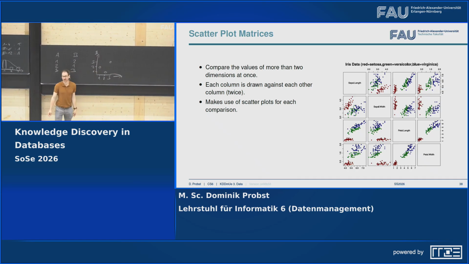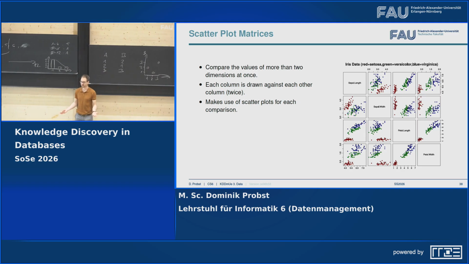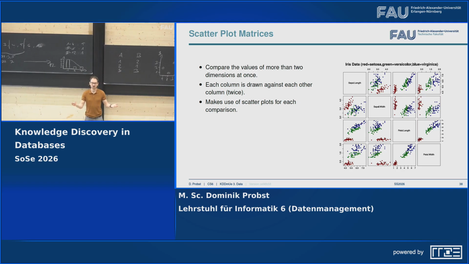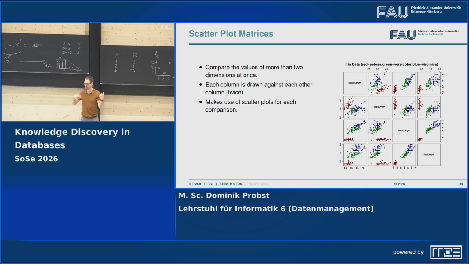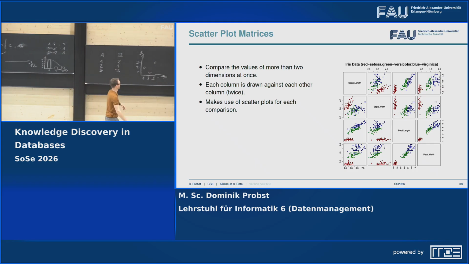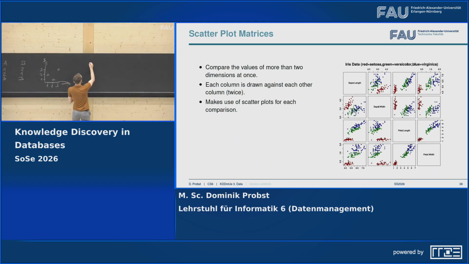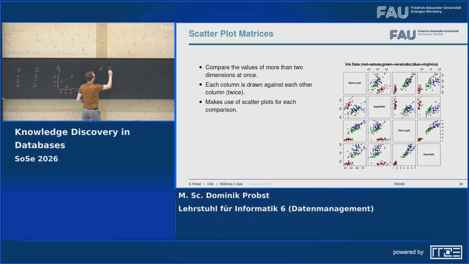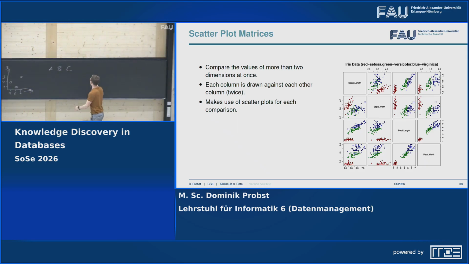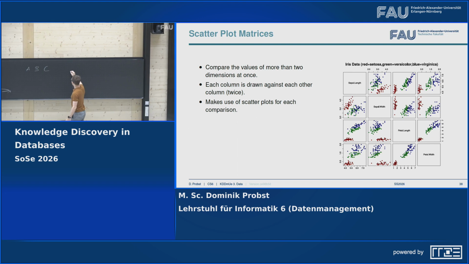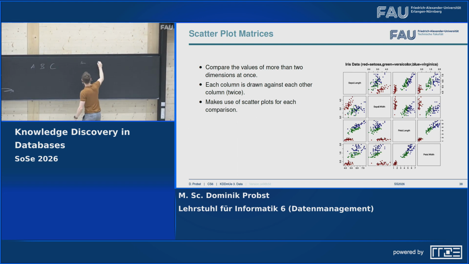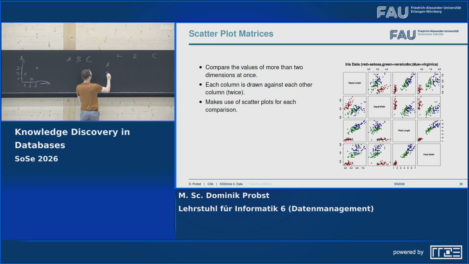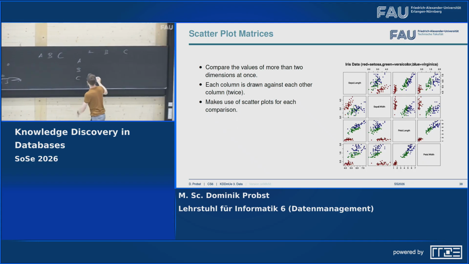If we want to compare more than 2 dimensions, we have to use more scatter plots to do that. So if we have a data set with dimensions A, B, C, we would draw a matrix where we draw every dimension in here.